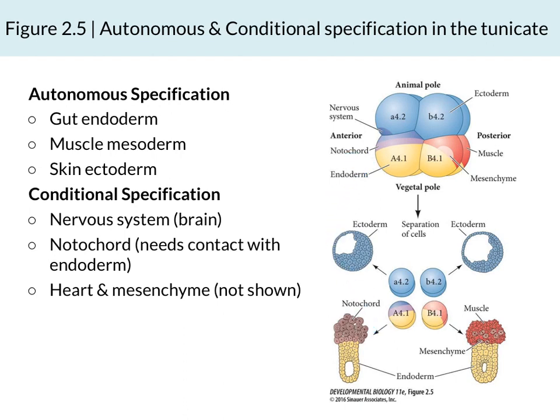On the other hand, since the nervous system comes from a blastomere that does not also give rise to the notochord, the cells that would normally be induced to form the nervous system from signals that are going to come from the notochord are not going to be exposed to those signals and end up forming skin ectoderm instead, which is the default fate of the ectoderm in tunicates.